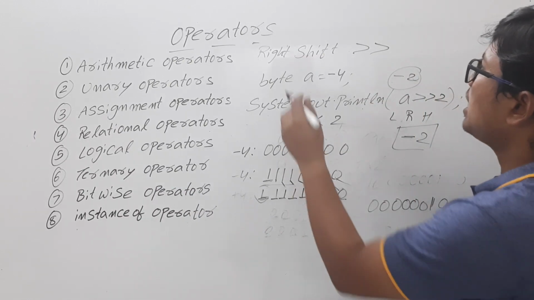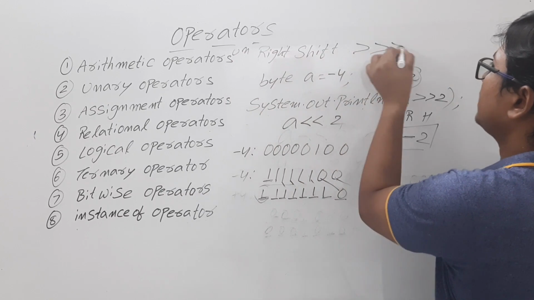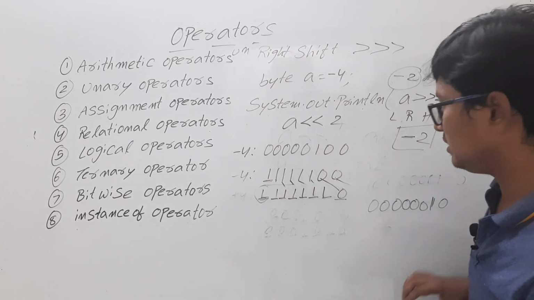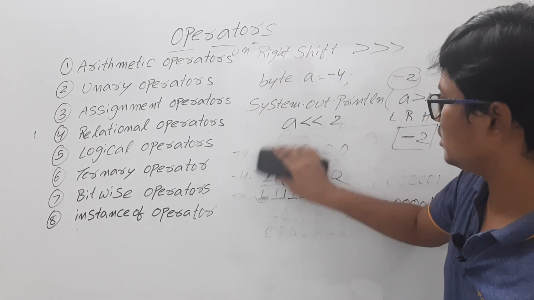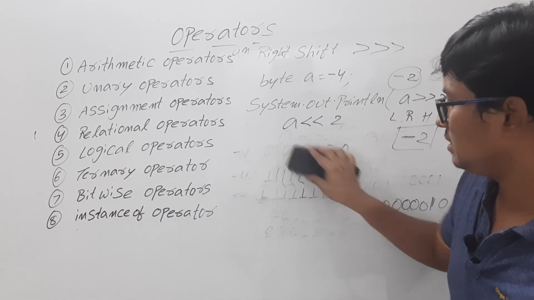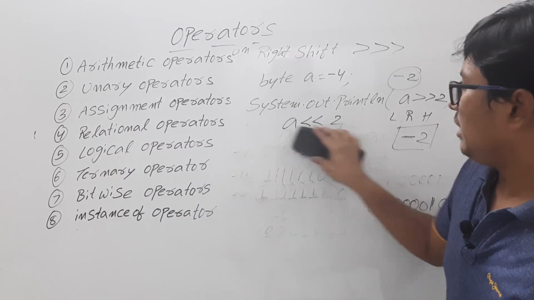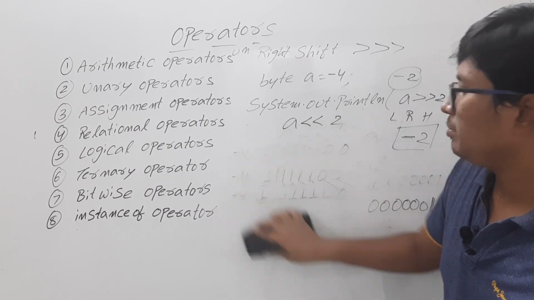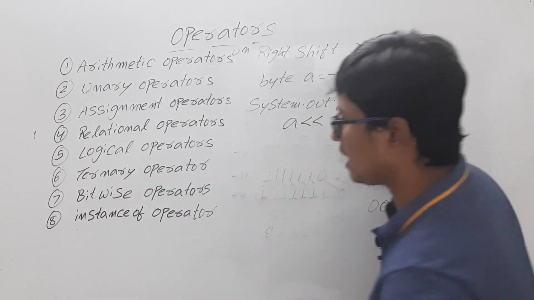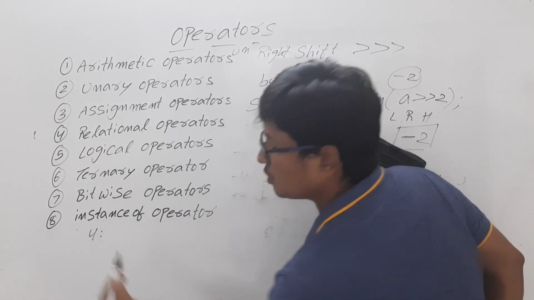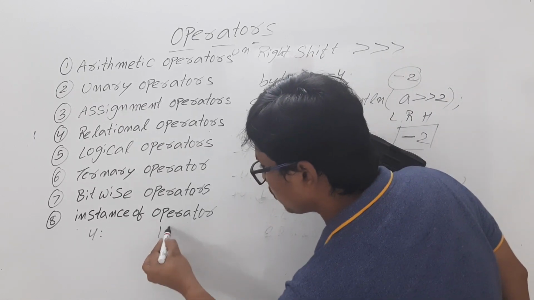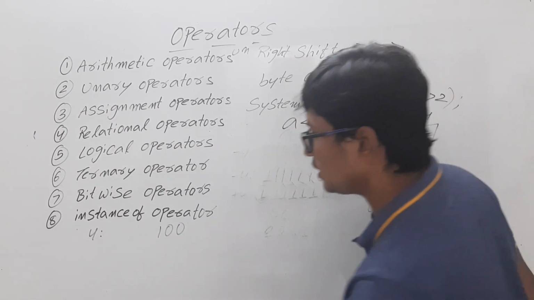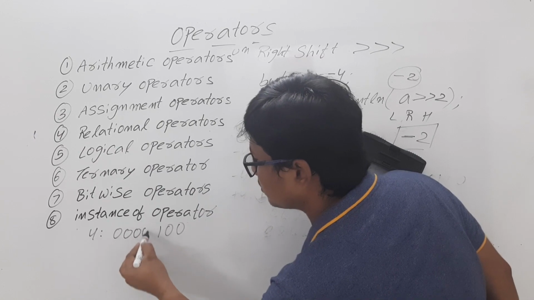If it is an unsigned right shift, let me discuss with a simple example. Unsigned means the left out positions. Whenever we are performing right shift, we are losing some values, am I right? Suppose it is plus 4, how will I represent it? 1 0 0, then 5 zeros I will keep.